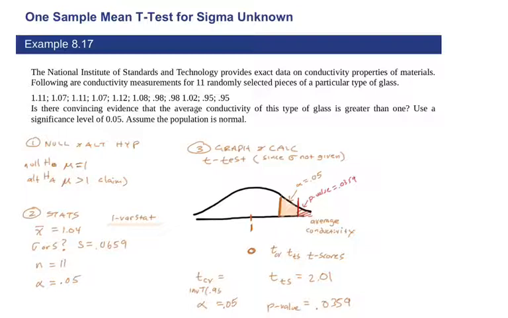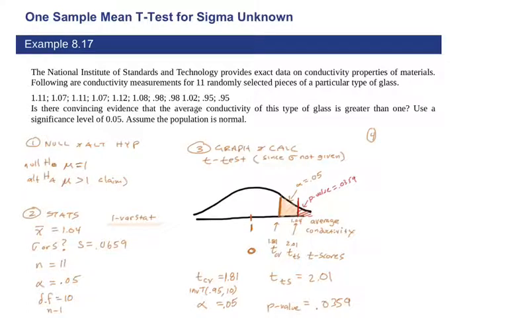To get our critical value, we're going to do an inverse t, and this function is only available on the TI-84s. For the 83s, you're going to need to get a program from the math lab. You want area to the left and then your degrees of freedom. If you recall, your degrees of freedom are 1 less than the sample size. Okay, and so my t critical value is going to be 1.81.